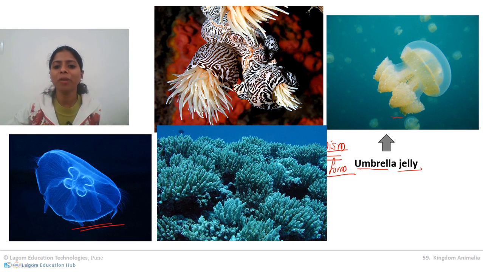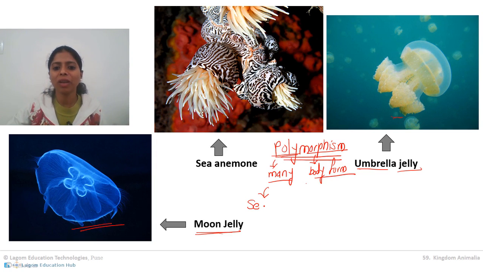One body form is sedentary, rock like, and another body form is jelly like and free swimming. So a single organism forms two body forms, one sedentary and one free living.